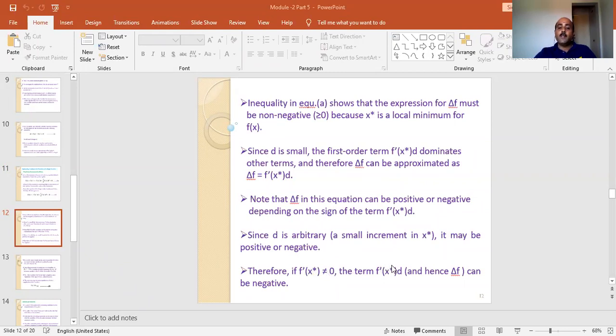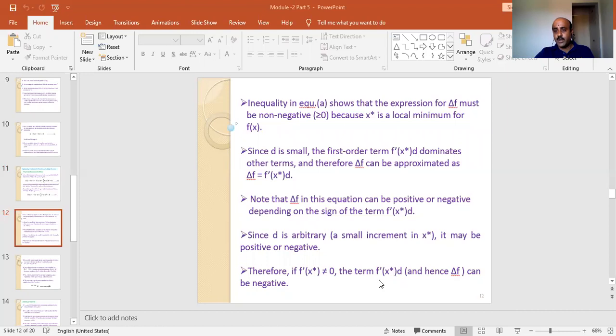Therefore, if f dash x star is not equal to 0, then d can have either a positive or negative value, and the term f dash x star d, and hence delta f, can be negative.